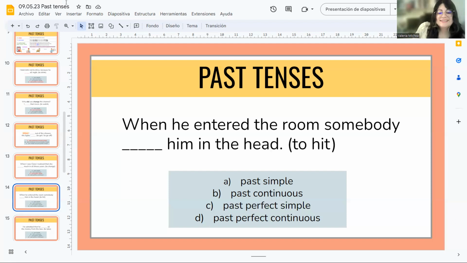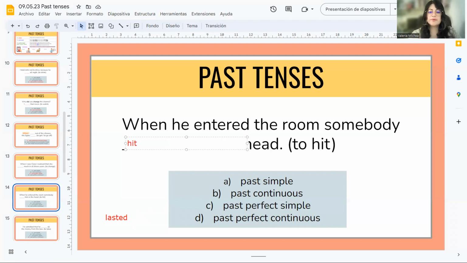I chose A, past simple, because the action of hit is short and instantaneous, and there is no other clause indicating that the action lasted a lot, like several times in the head, for example. So I think it's past simple. Yeah, thank you very much. I totally agree with you, Sashenka. Yeah, it would be hit.